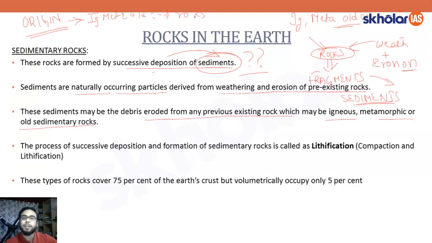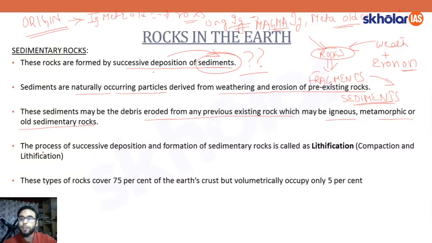Then what was the source of origin of your igneous rock? The source of origin of igneous rock was magma, if you remember. So this is the contrasting picture between igneous and sedimentary rocks. Igneous rock, origin magma, and sedimentary rocks, origin igneous, metamorphic, as well as old sedimentary rocks.